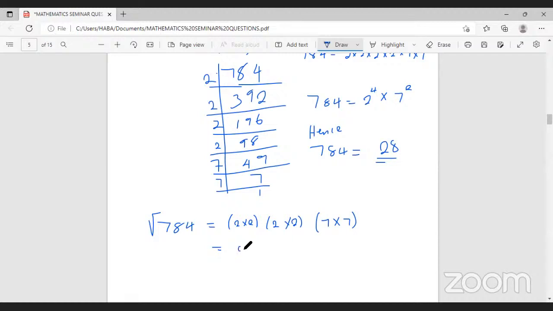So we can say this is 2 to power 2 times 2 to power 2 times 7 to power 2.